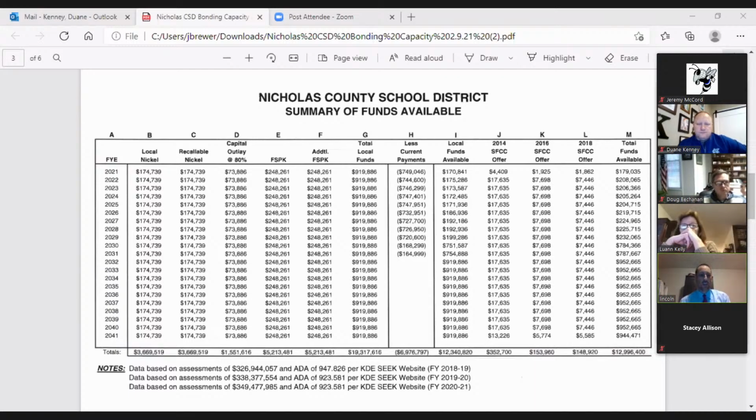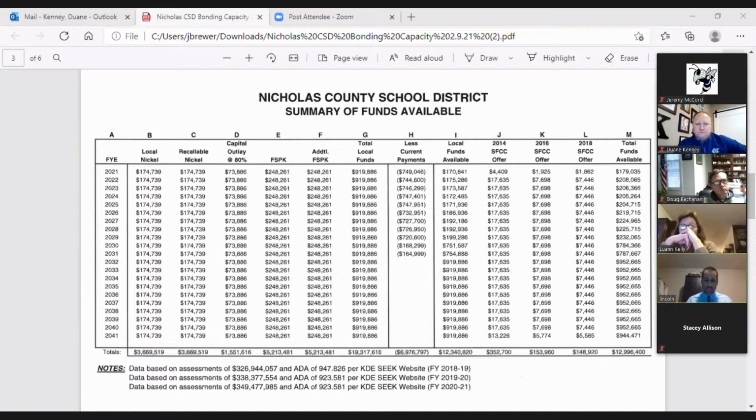So as we lock in a potential new bond issue, we want to make sure we've been conservative and allowed for the potential that ADA may decline. In column D, only using 80% of that revenue amounts to $73,000. That's just one way of being conservative.